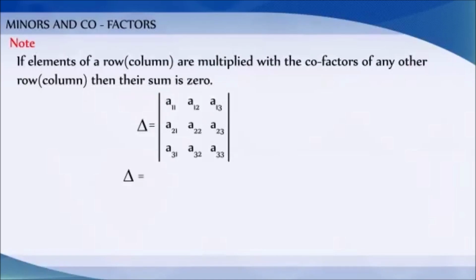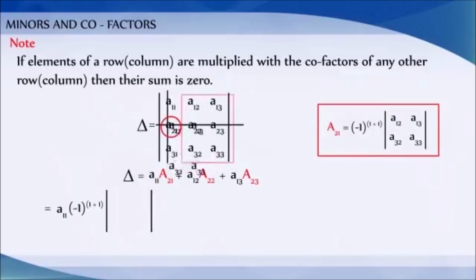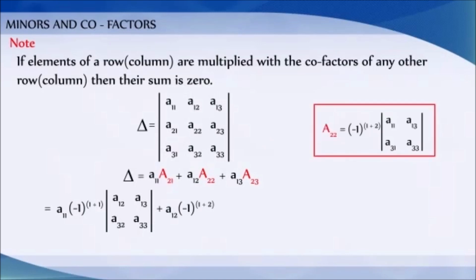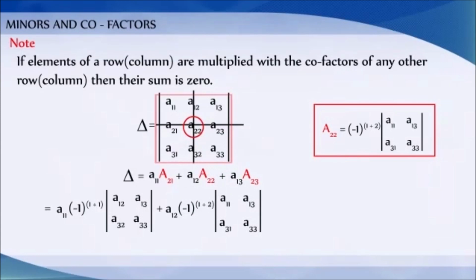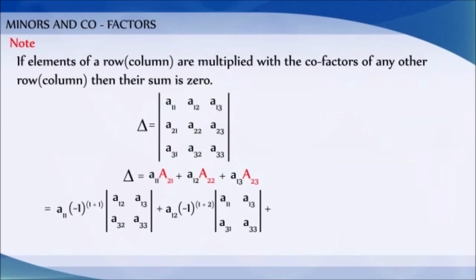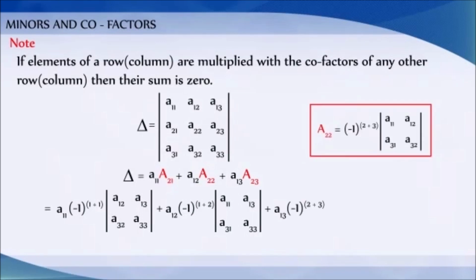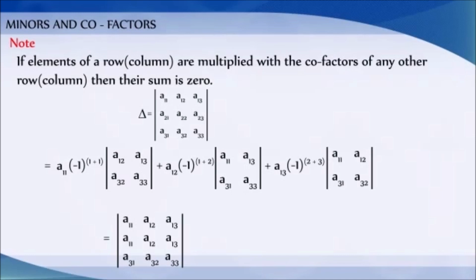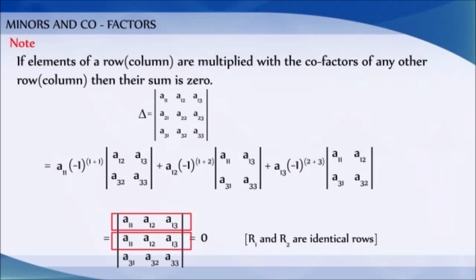For example, delta is equal to A11 into capital A21 plus A12 into capital A22 plus A13 into capital A23, which is equal to A11 into (-1)^(1+1) into determinant of A12, A13, A32, A33 plus A12 into (-1)^(1+2) into determinant of A11, A13, A31, A33 plus A13 into (-1)^(1+3) into determinant of A11, A12, A31, A32, which is equal to the determinant of A11, A12, A13, A11, A12, A13, A31, A32, A33, which is equal to 0, since R1 and R2 are identical rows.